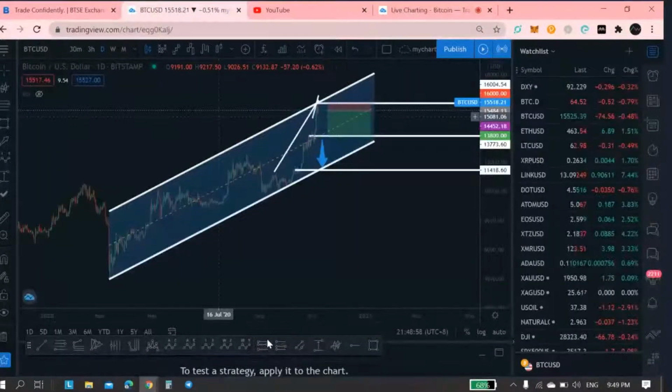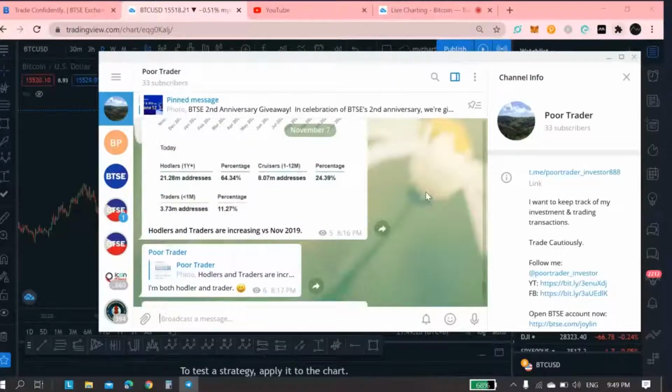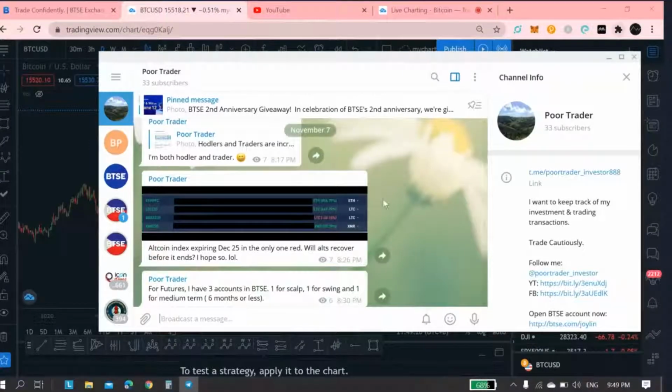So I'm currently down 40 percent, and I have a long position in Ethereum Perpetual, LTC expiring December 25, and XMR also expiring December 25. I think I did not share or screenshot my other BitC account because this one is for scalp.